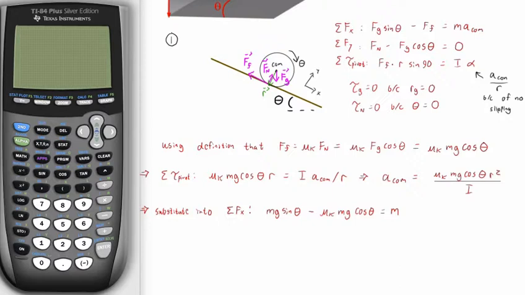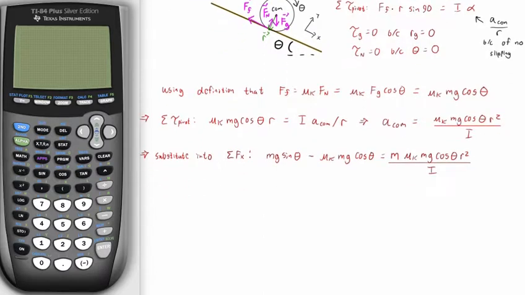Let me see if I want to go a slightly different direction with this. Since I'm already doing it, I'm just going to continue along this track, and this will allow me to solve for mu k, and then I'll plug it back in to eliminate it in my original expression for the translational acceleration of the center of mass.